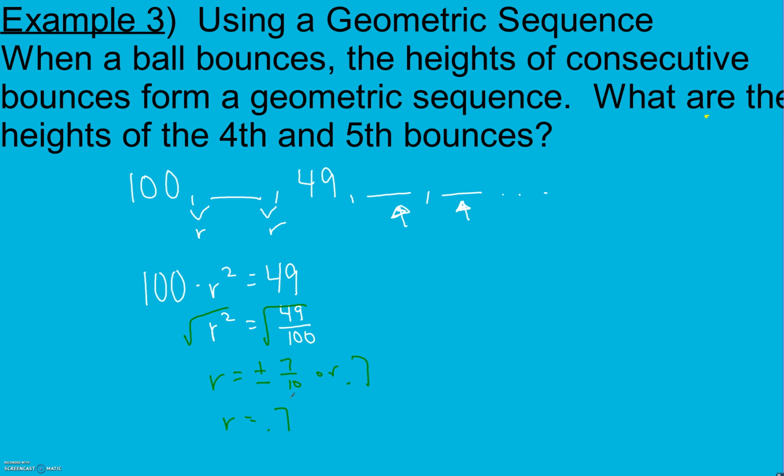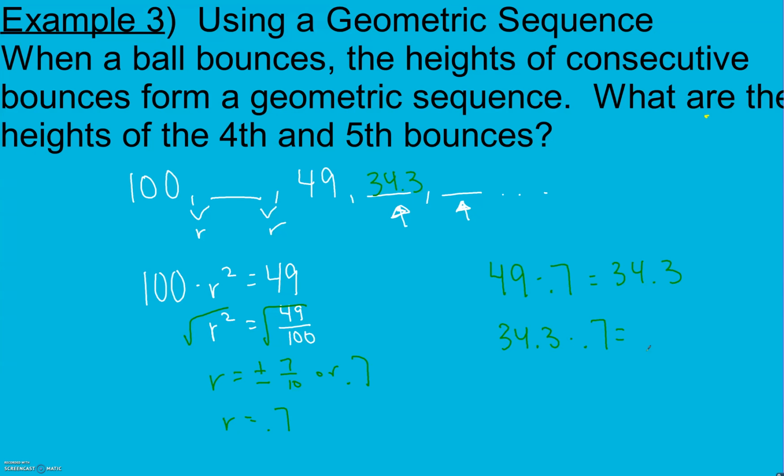So to find our fourth and fifth, we can use our recursive formula. 49, the one before, times our common ratio is going to give us our fourth bounce. This is going to be 34.3. We use the fourth bounce times our common ratio to give us our fifth bounce.